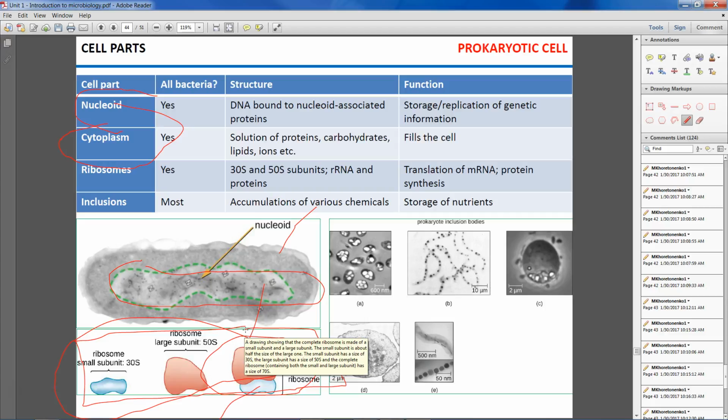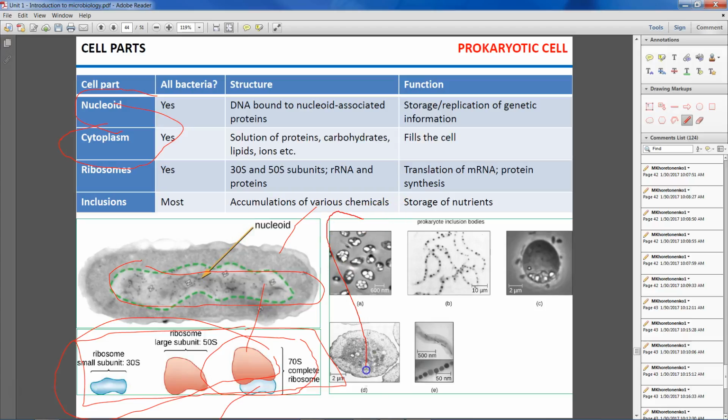Does that make sense? That will not affect the eukaryotic ribosome, which means we can create drugs that specifically inhibit translation in bacteria, but not in humans. And a good portion of antibiotics work this way. They target the bacterial ribosome.